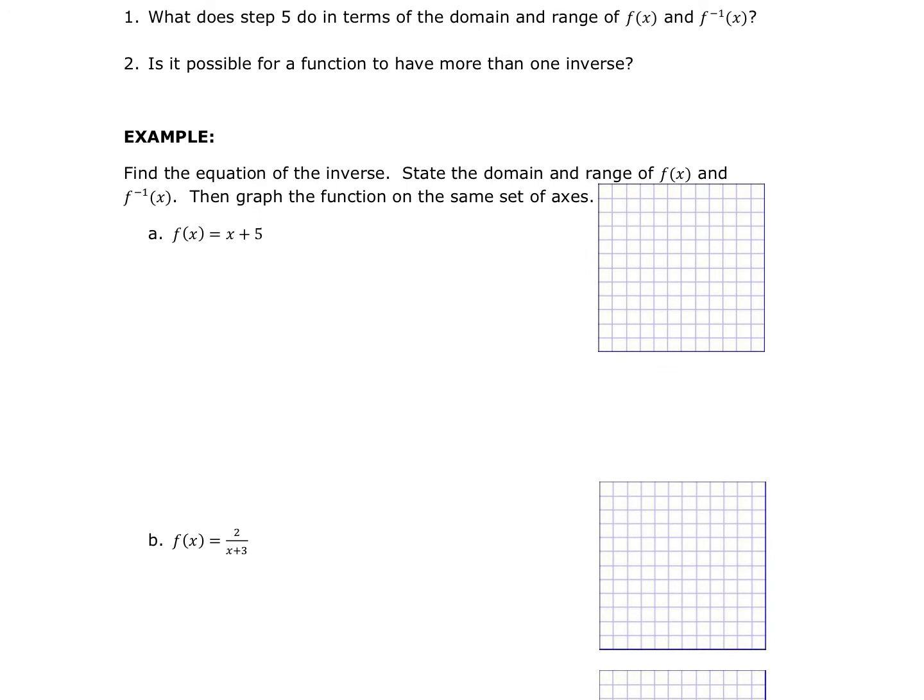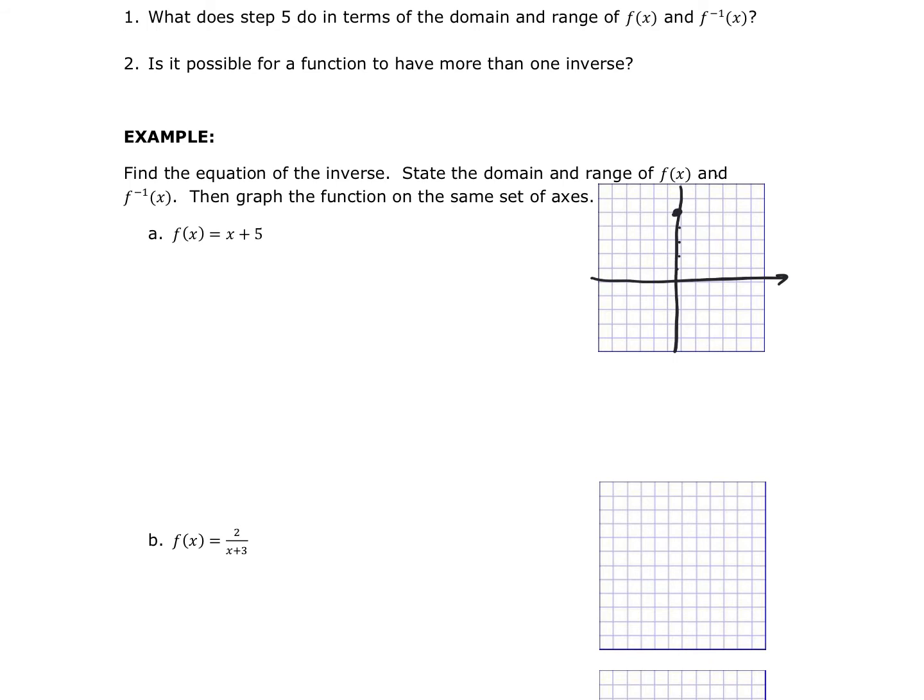So let's go ahead and find the inverse, state the domain and range of the original function, state the domain of the inverse function, and graph them both on the same axes. So we know how to graph lines. This is nothing new. I'm going to graph this line, and it has a 5 intercept. 1, 2, 3, 4, 5.